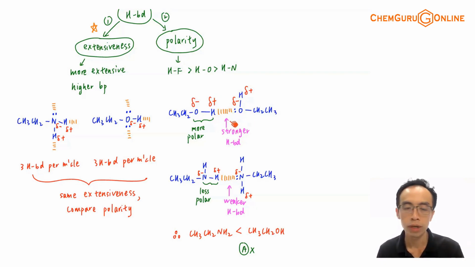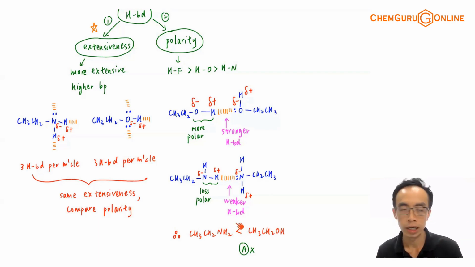The hydrogen bond between amines will be weaker because I'll have a smaller partial positive hydrogen attracting a smaller partial negative nitrogen. And the conclusion will be, I'll expect the hydrogen bond between alcohol molecules to be stronger. The boiling point for alcohol will be higher than the boiling point for amine.